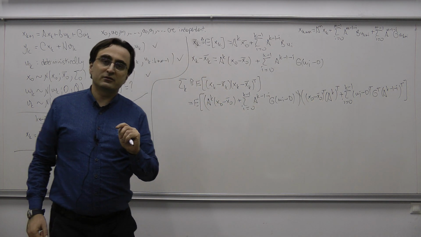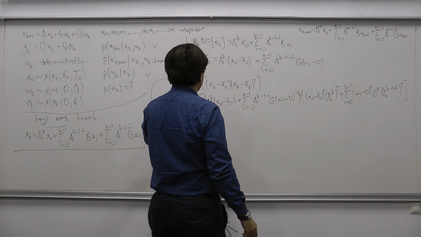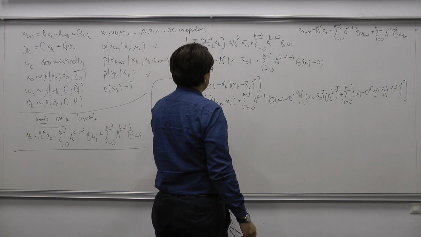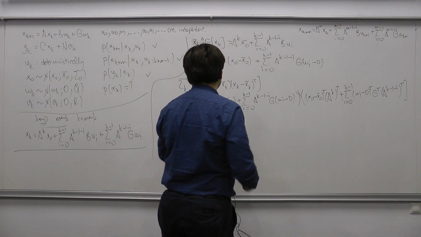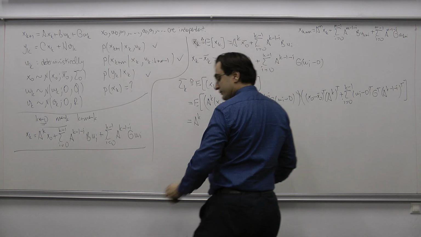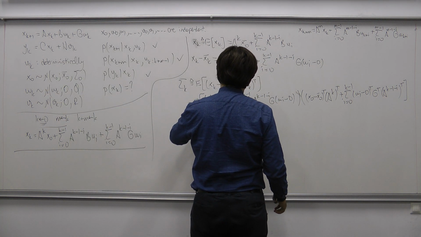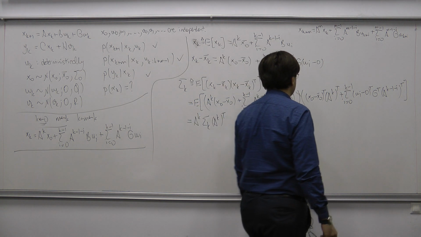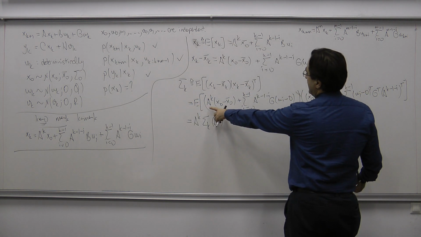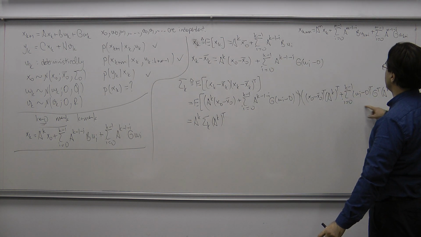But that is nothing but the definition of sigma 0. So I have here a^k, sigma 0, a^k transpose. Now let us think that I multiply this term with the process noise terms.